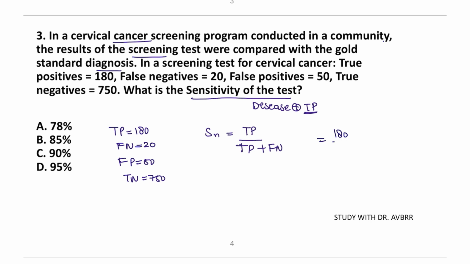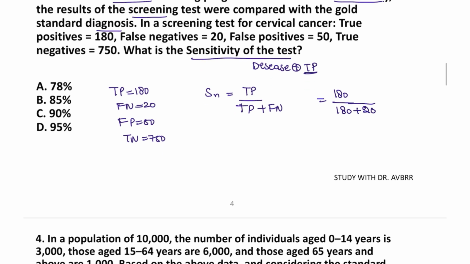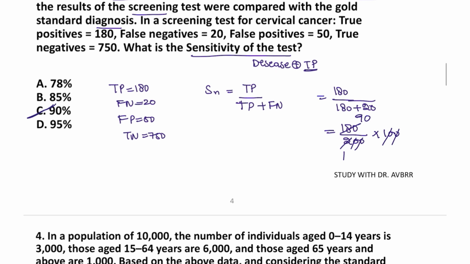True positives 180 plus false negatives 20, so 180 divided by 200, into 100. We cancel this, and it is going to be 90. So 90% is our sensitivity.